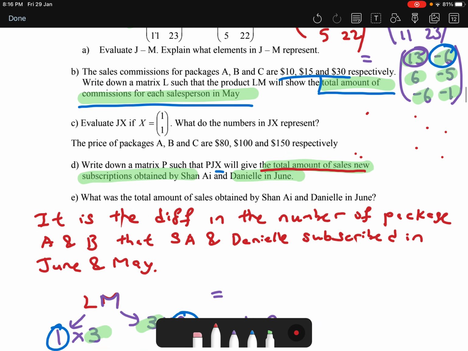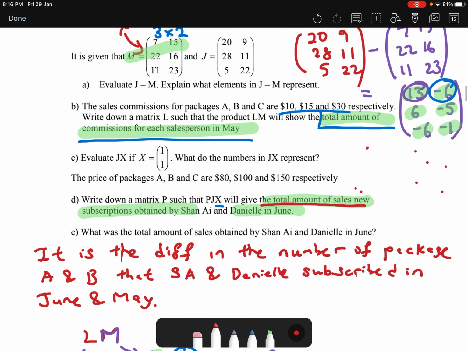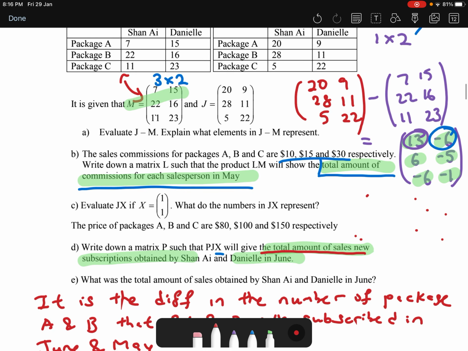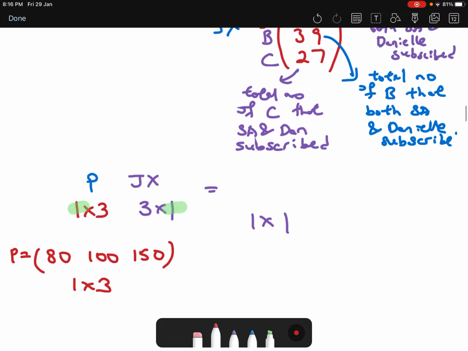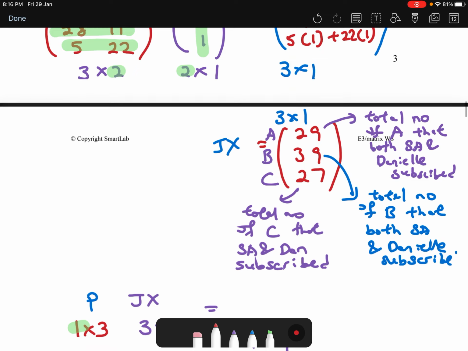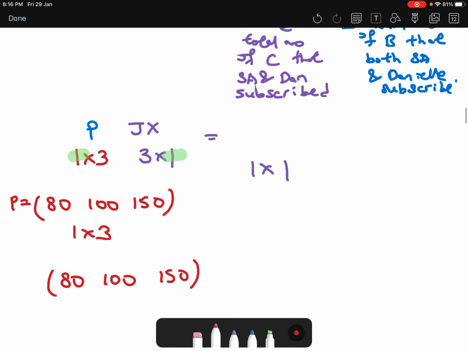Now, what was the total amount of sales obtained by Shan Ai and Daniel in June? Of course we need to multiply accordingly. So 80, 100, 150, multiply my JX, 29, 39, 27.